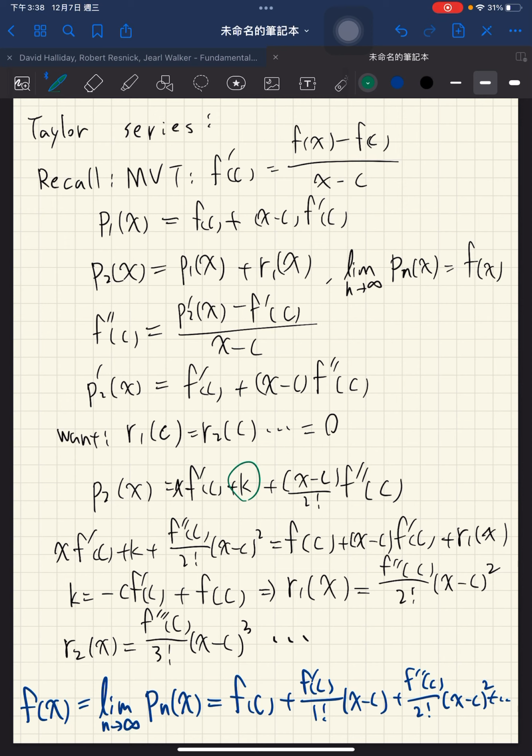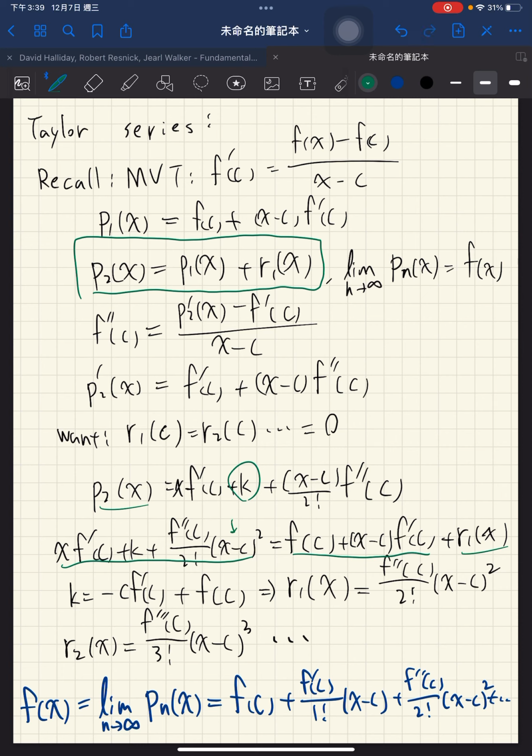We need to discuss it when we plug in the P2 into the form we want to get. So just plug in here, and P1 is here, and the remainder term. Okay, just plug in c. So this term will be 0, and this term also.